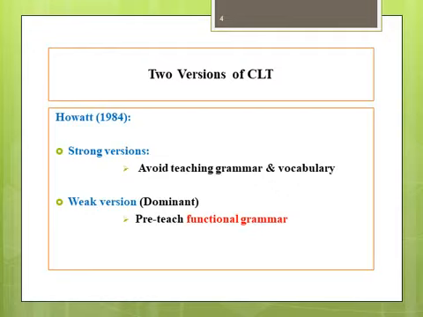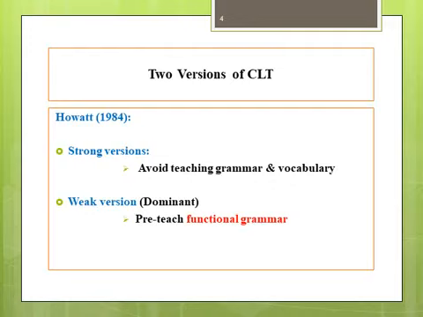To a great extent, this view is similar to the one advocated by the direct method and the natural approach. This version avoids teaching all sorts of grammar and vocabulary structures, as it emphasizes the role of acquisition over learning. The strong version is transformed into task-based language teaching, a method that we shall discuss in the next video.